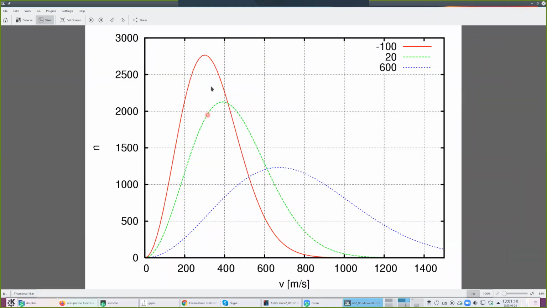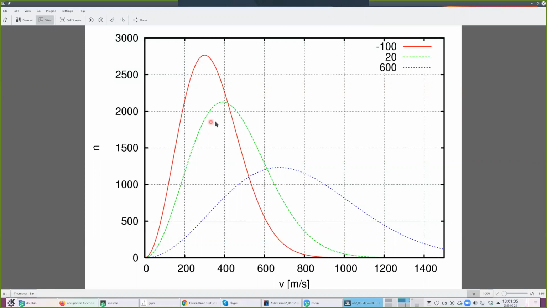distribution that varies with temperature. I don't remember exactly what these values were, but anyway, with a lower temperature or a higher temperature, the area below is always the same, it is the number of particles. The distribution with the velocity changes as known.